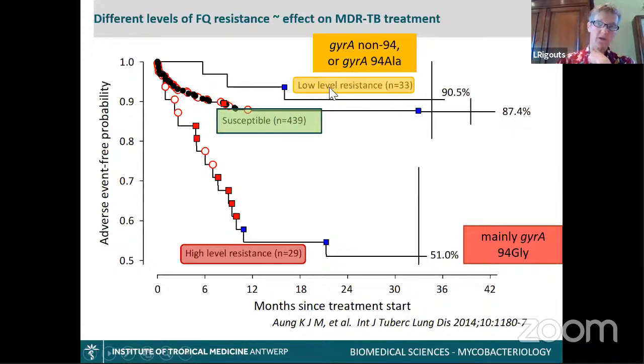Those with low-level fluoroquinolone resistance also still had a good clinical outcome with no significant difference, while those with high-level fluoroquinolone resistance had a much worse outcome.